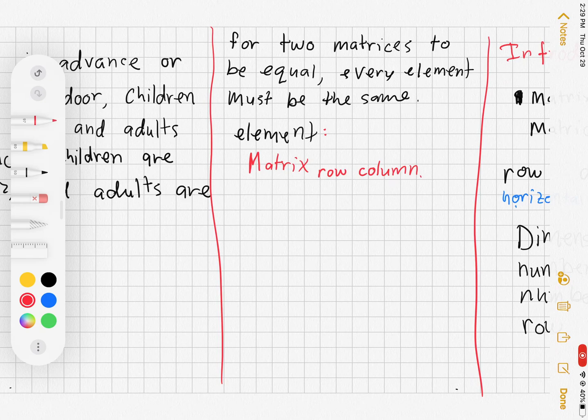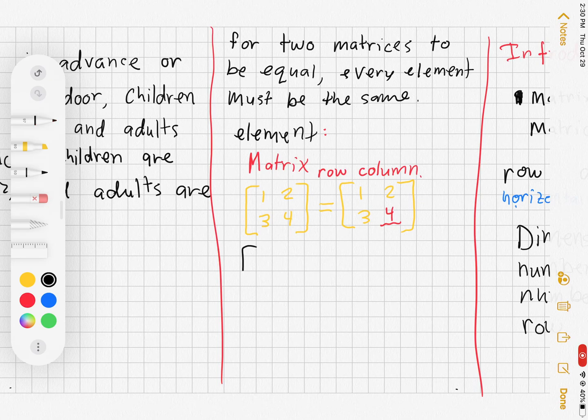Let's just look at some matrices really quick. I'm just going to do a 2 by 2 matrix. Let's go 1, 2, 3, 4. What we are saying by this axiom, for two matrices to be equal, every element must be the same. It logically follows that if we want this matrix to be equal, the thing that has to go in the red slot must be a 4.